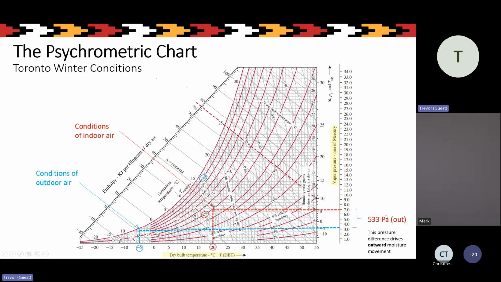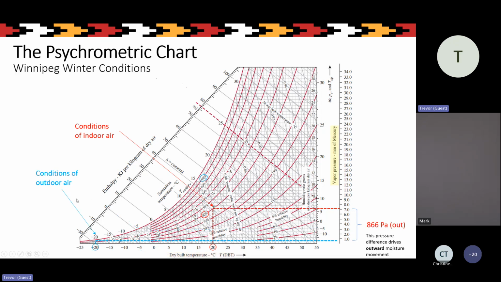If we do the conversions to pascals, the difference from indoor to outdoor in this condition is about 533 pascals, and it's an outward direction flow. So higher indoors, lower outdoors. And that's the pressure that would try to push moisture from inside of our house to the exterior. That's what you would probably see in something like a Toronto winter condition at -5.